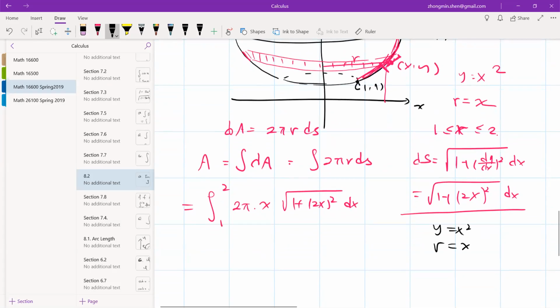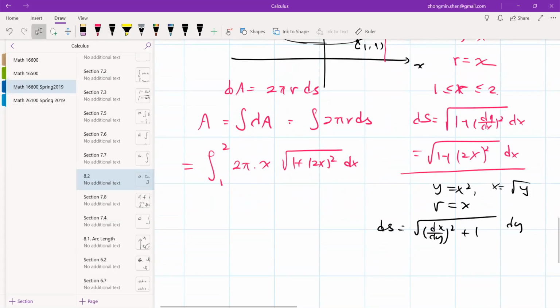But ds is going to be the square root of (dx/dy) squared plus 1, times dy. In other words, x is going to be the square root of y. So using the y variable, you get the derivative of x with respect to y.